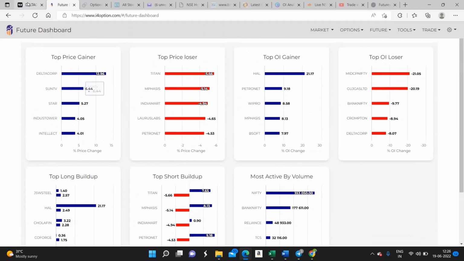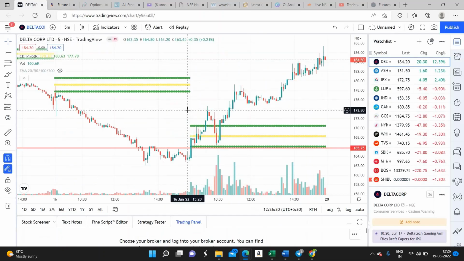for Delta Corp. So basically what we can do, we have seen the bullish engulfing candle on the 5 minute time frame, and it tried to break this, but it has not broken here. But still we can take a bullish trade on the third closing candle.